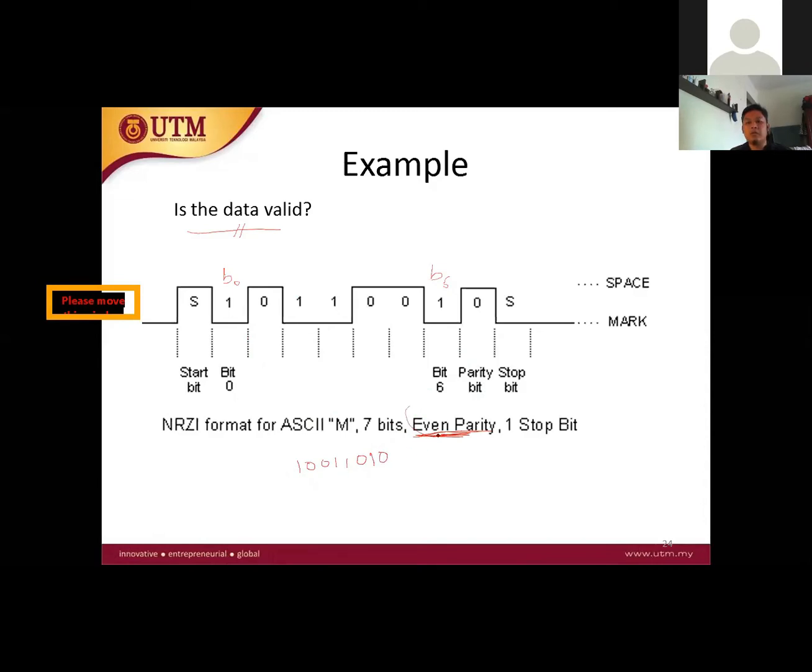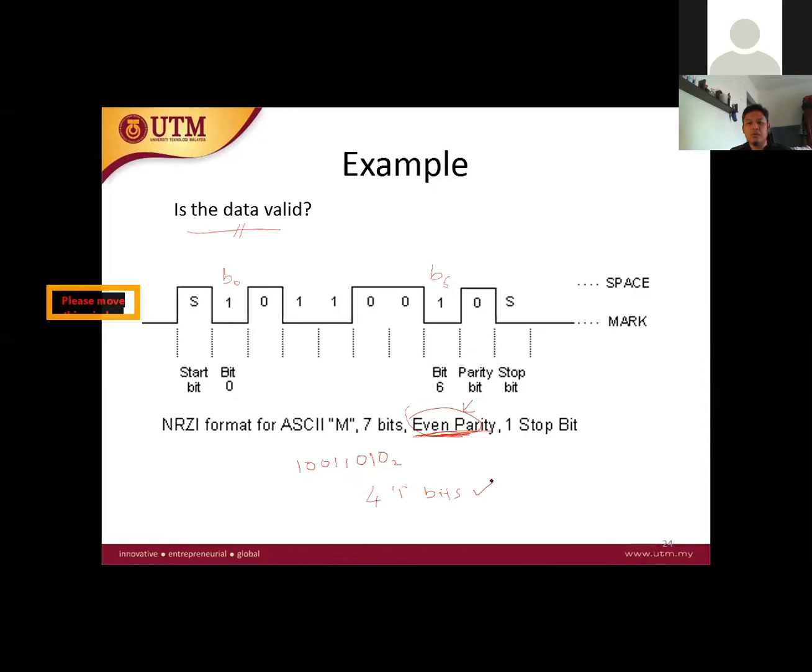The rule that we set is even, so the total number of one bits should be even. In this case, how many ones? 1, 2, 3, 4. So there are 4 one bits.